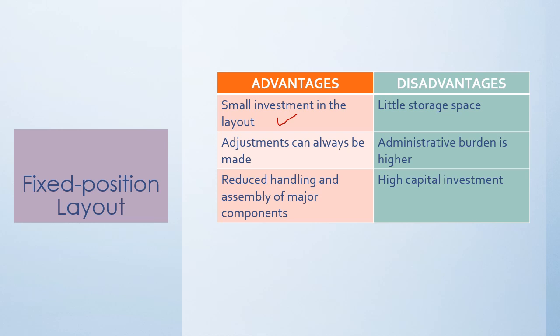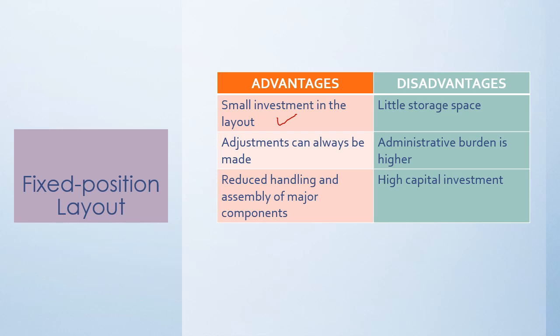Perubahan dari segi apa? In terms of the resources to be used, in terms of time planning and so on. So that is adjustment. Reduce handling and assembly of major components. Because assembly lines are not involved here, it will reduce handling of components. Okay, dia akan kurangkan how to handle all the components needed to produce the project.